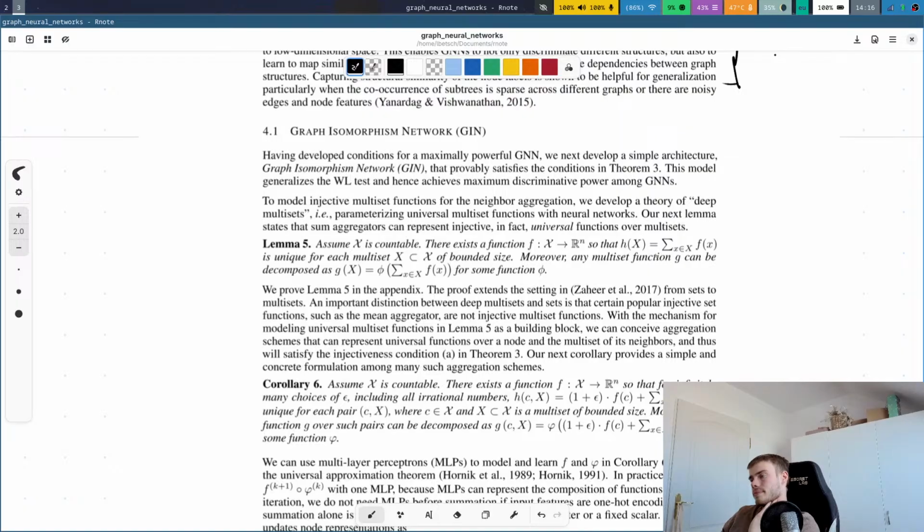So, okay, this is a specific neighborhood probably. This is the set of all neighborhoods. And we sum for each neighborhood all of the individual representations together.